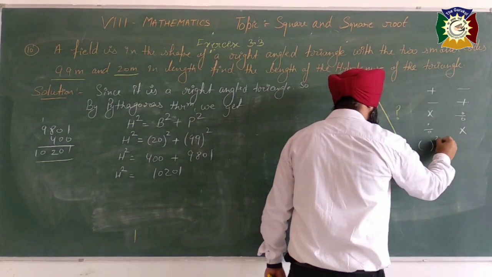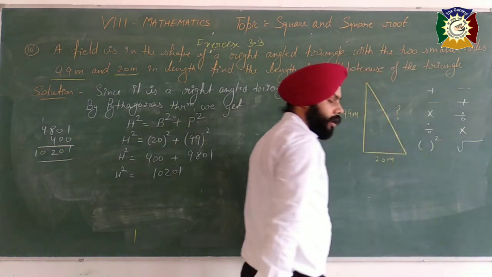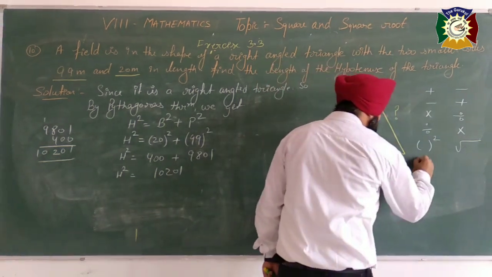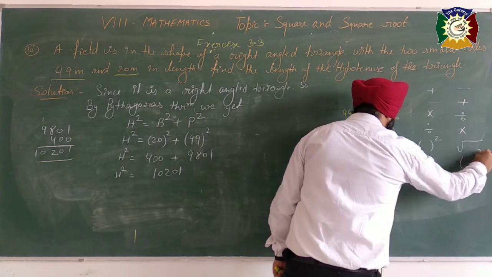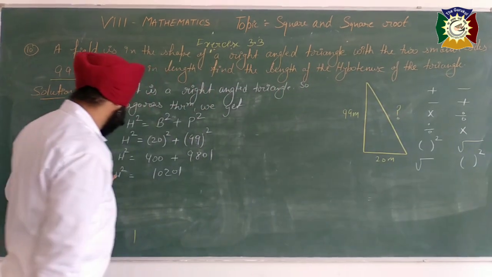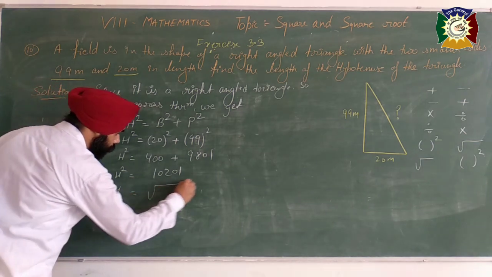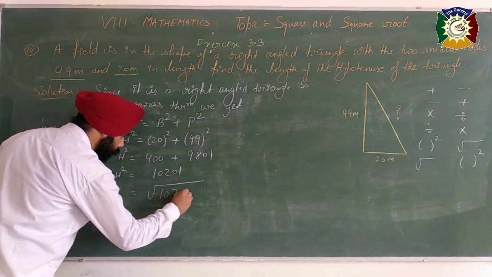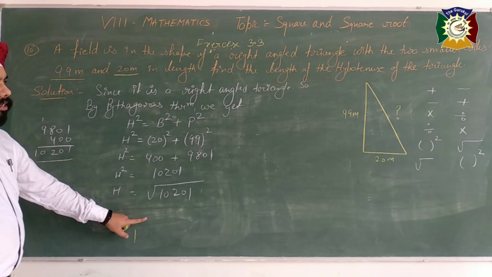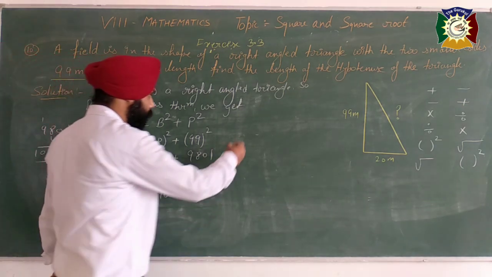Similarly, the whole square changes into the square root here, or square root changes into a whole square. So this becomes the square root of 10201. Now we have to find the square root of this number here.